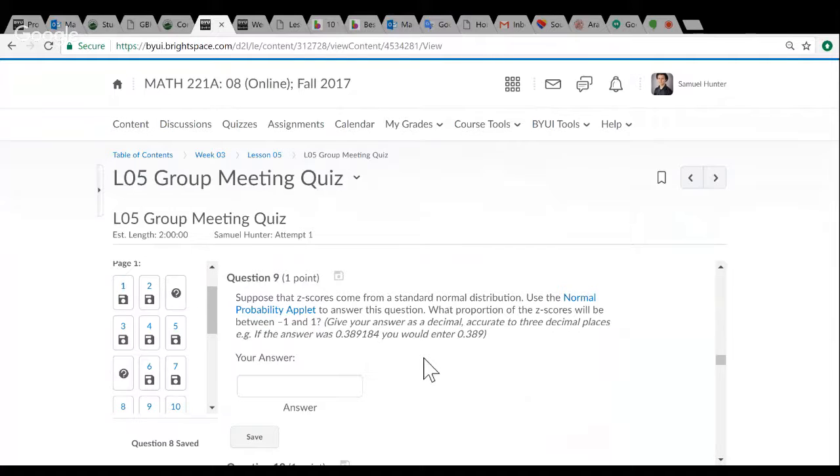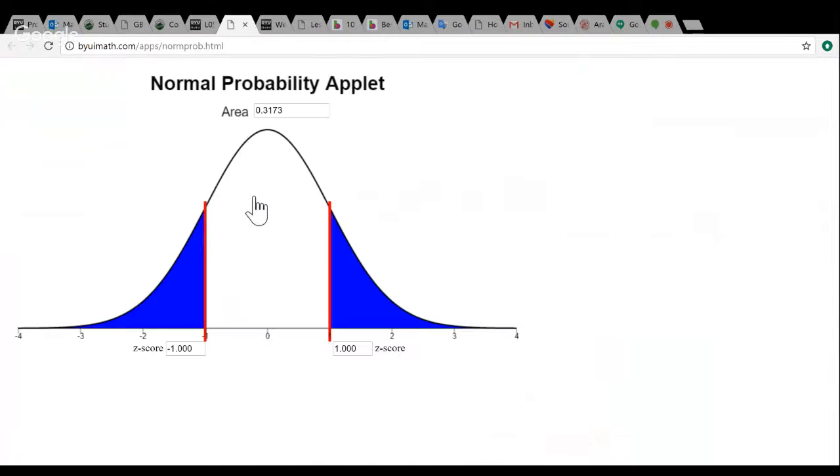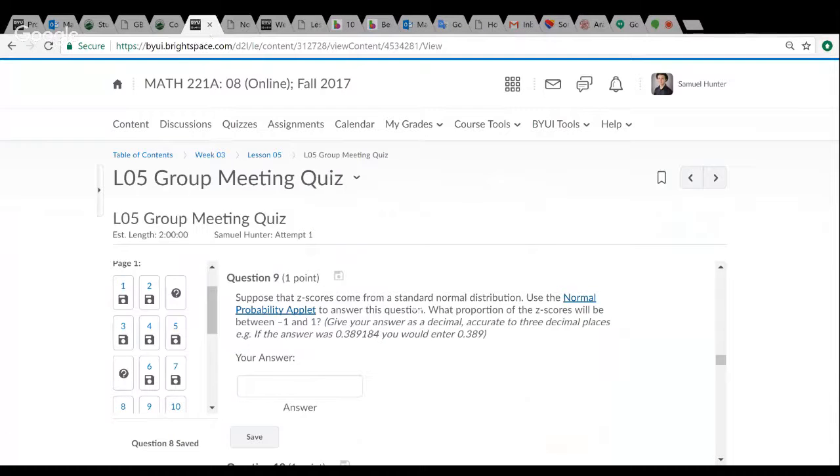Suppose that z-scores come from a standard normal distribution. Use the normal probability applet to answer this question. What proportion of z-scores will be between -1 and 1? So what do we need to put in? Do I open this? Yeah. The z-scores are -1 and 1.